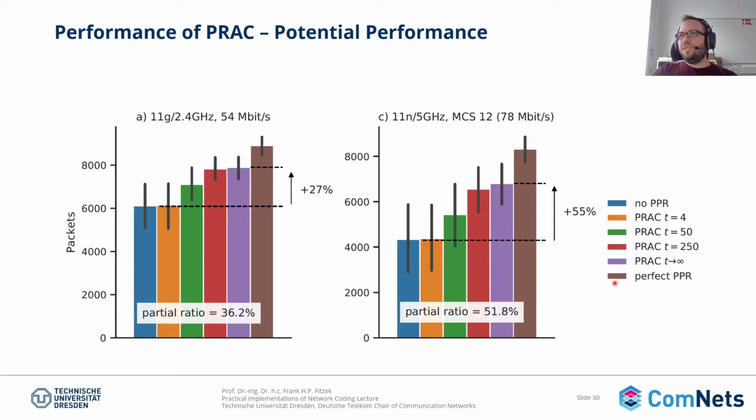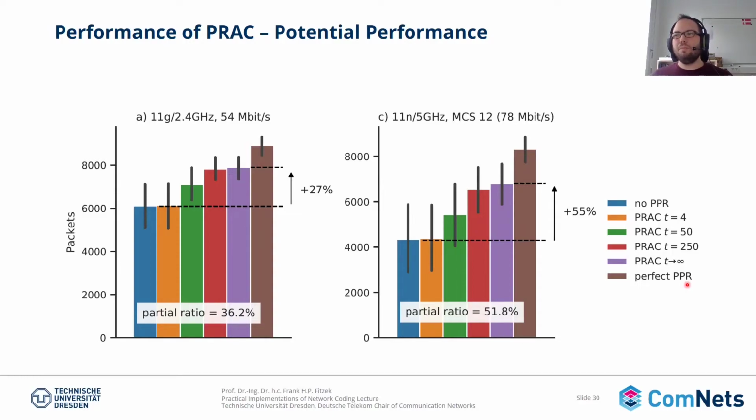And then we also consider as a baseline a perfect partial packet recovery. This would be a packet recovery technique that can correct every erroneous packet received, every partial packet received.